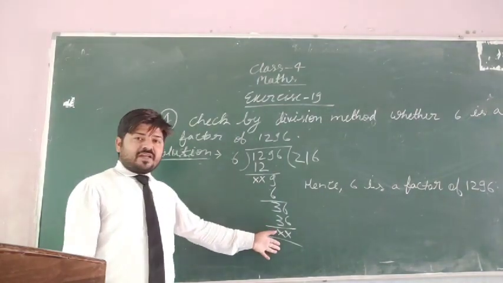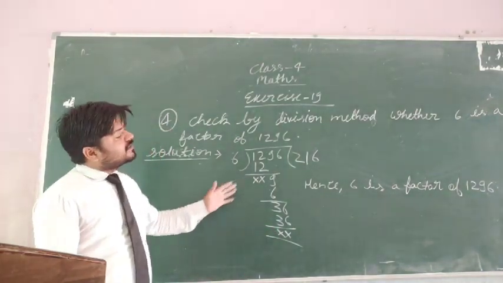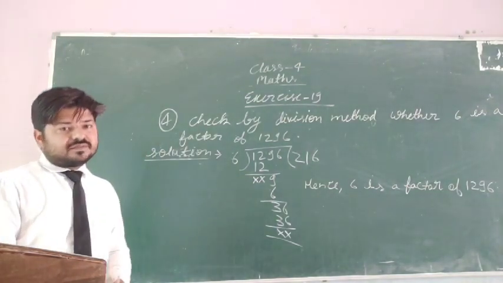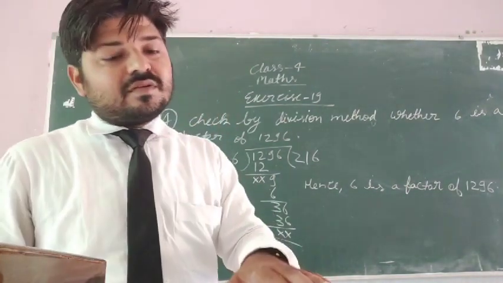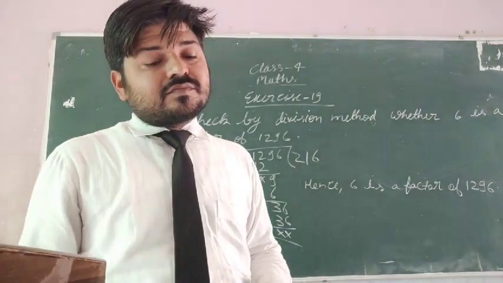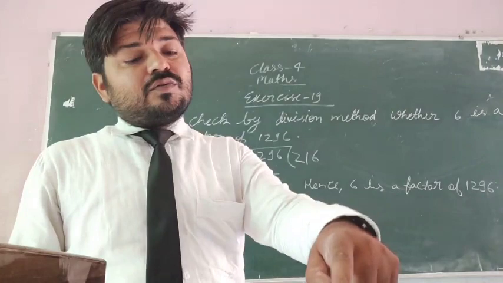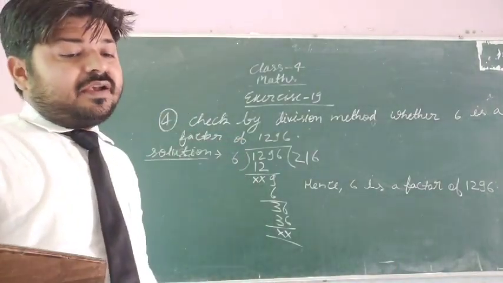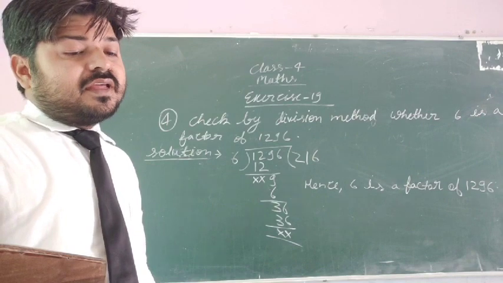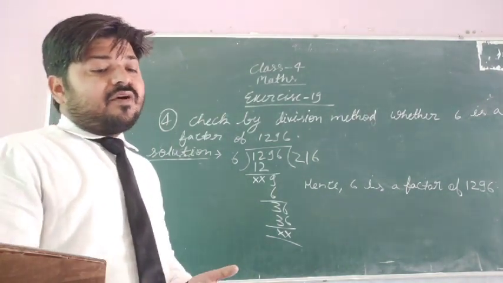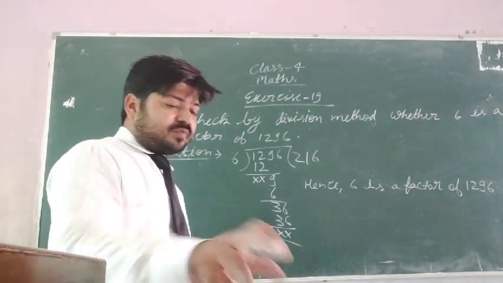There is no remainder, so that's why 6 is a factor of 1296. Like this you can do question number 6, 7, 8, 9, 10, 11. In all the questions you have to show the division. Okay beta.